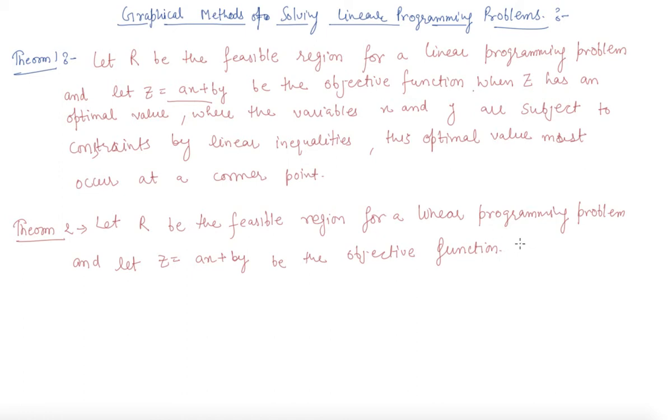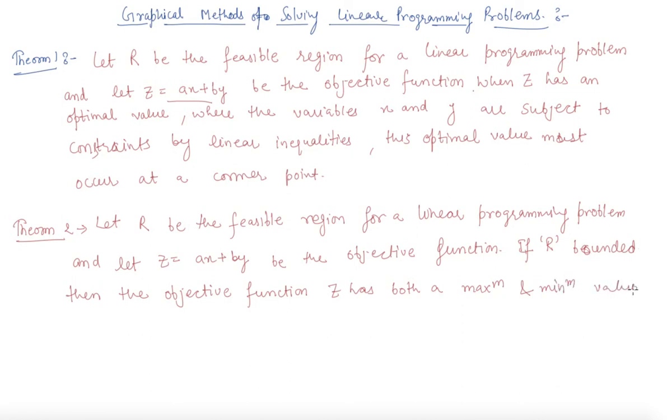If R, the region, is bounded, then the objective function z has both a maximum and a minimum value on R, and each of these occurs at a corner point.